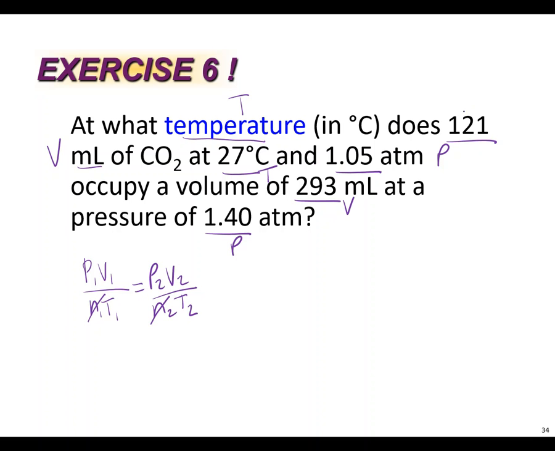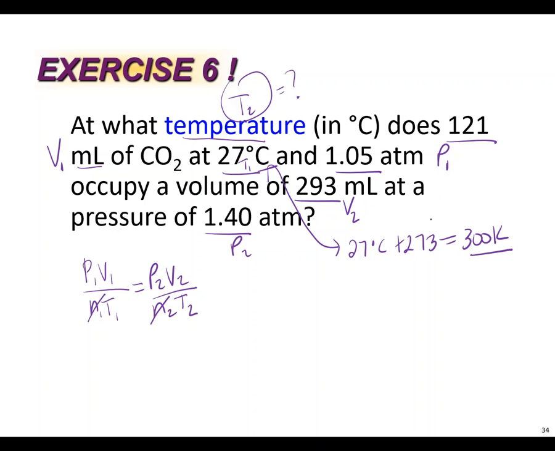Here's the original volume, original temperature, original pressure. If we change the volume and the pressure to these new values, what is the temperature going to be? So this is where I would be missing my T2. I need to change my 27 degrees Celsius to Kelvin first, and that comes out to 300 K.